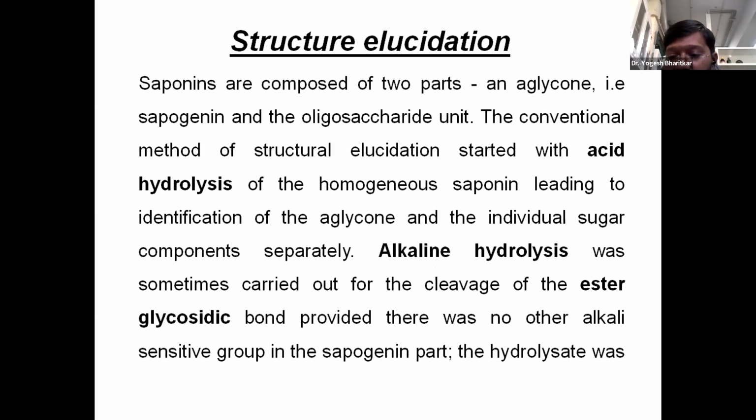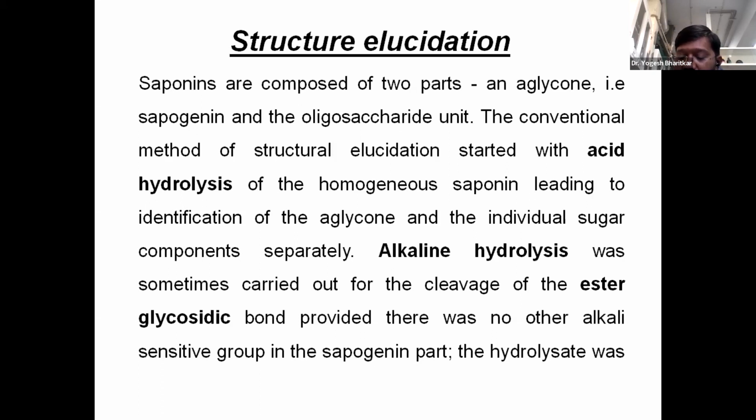Now I will start the structure elucidation of saponins. Saponins are composed of two parts, glycone and aglycone. The conventional method is acid hydrolysis and alkaline hydrolysis. Acid hydrolysis is used for the ether linkage, alkaline hydrolysis for the ester glycoside.